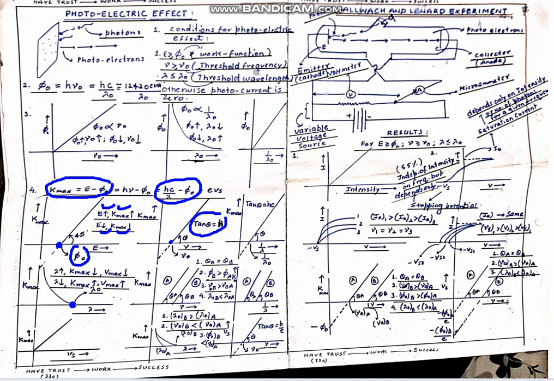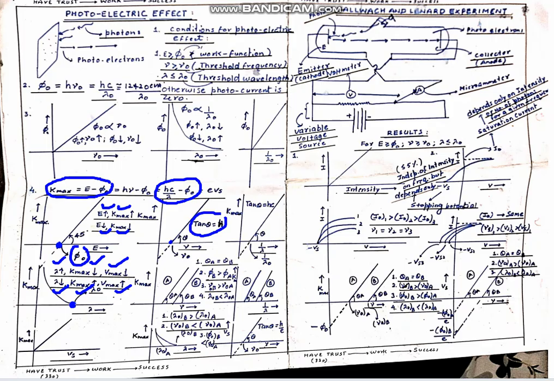We can also say that if lambda increases, then kmax decreases, and if kmax decreases, then vmax also decreases. And if lambda decreases, then kmax increases, and then vmax also increases. So this analysis we can make from the graph.